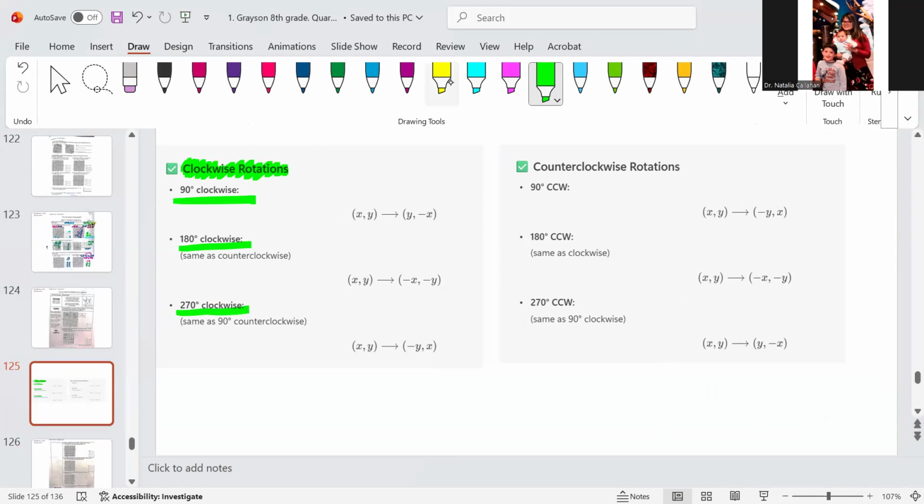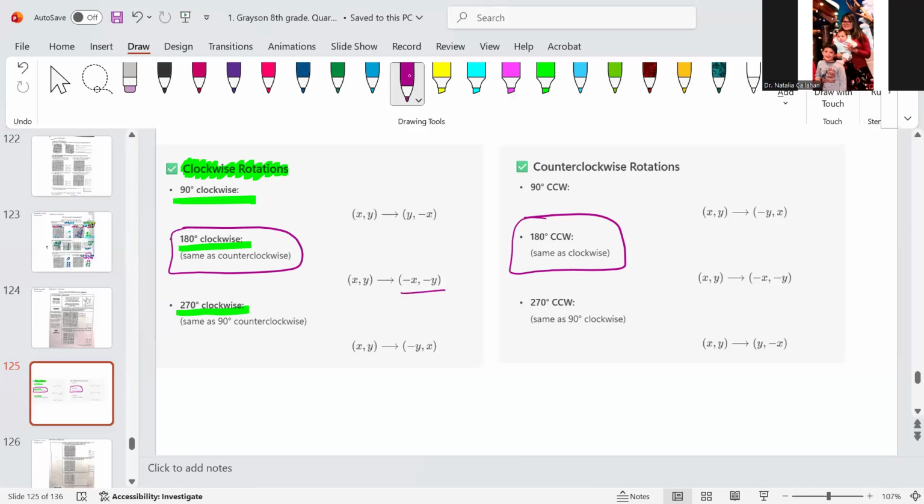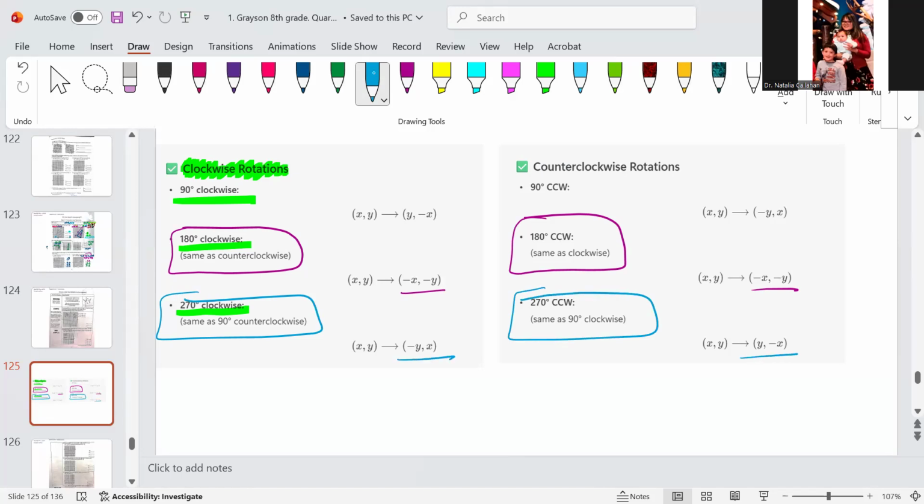Do you see some similarities here? 180 clockwise is the same as 180 counterclockwise. It's negative x, negative y in both. Make sure you make a notation of that. Similarly, 270 clockwise is the same as 270 counterclockwise: y, negative x. These two, however, are different.